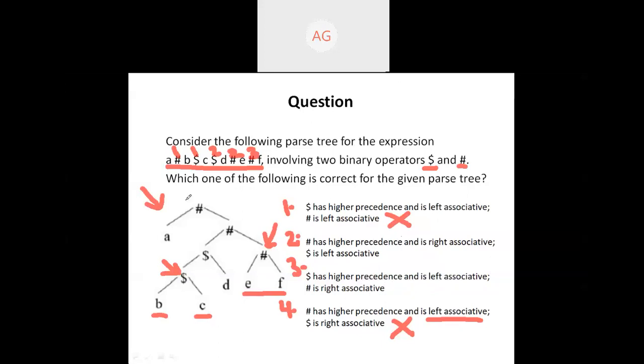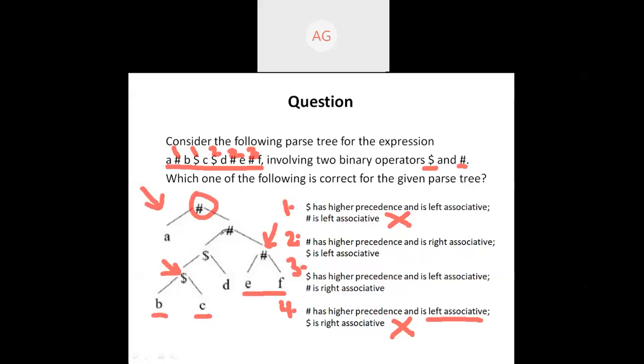From the parse tree, out of dollar and hash, we started from B dollar C, then the result of B dollar C is evaluated with dollar D, and after that we evaluate E hash F, and its result is combined with this, and finally this is evaluated.